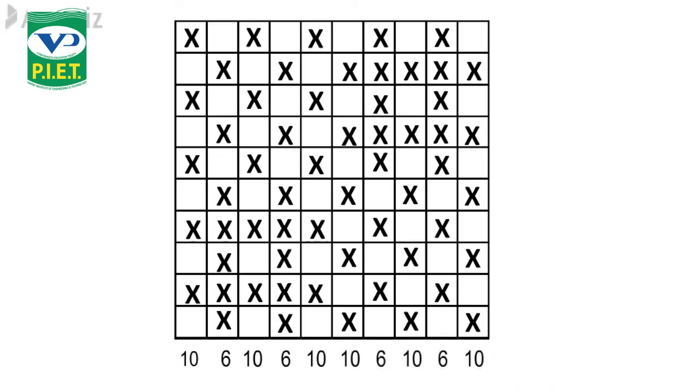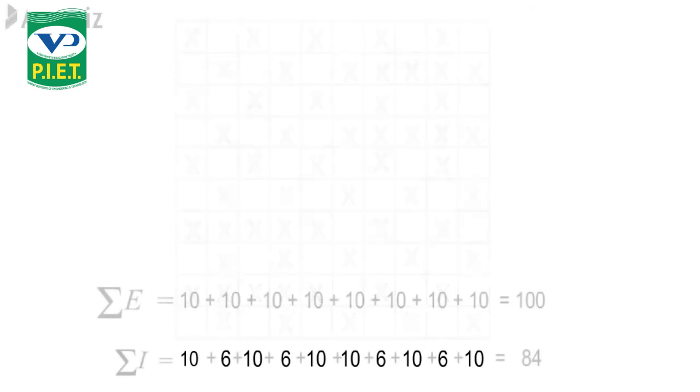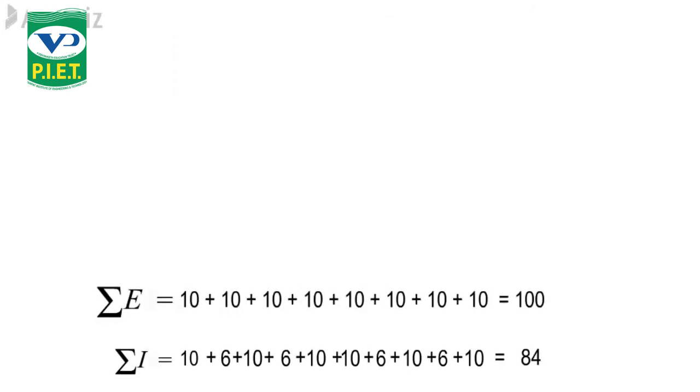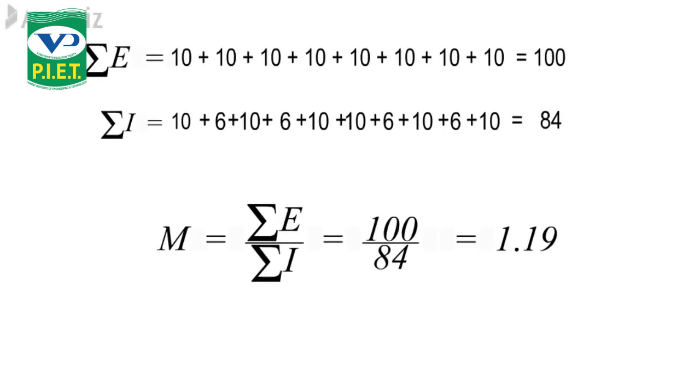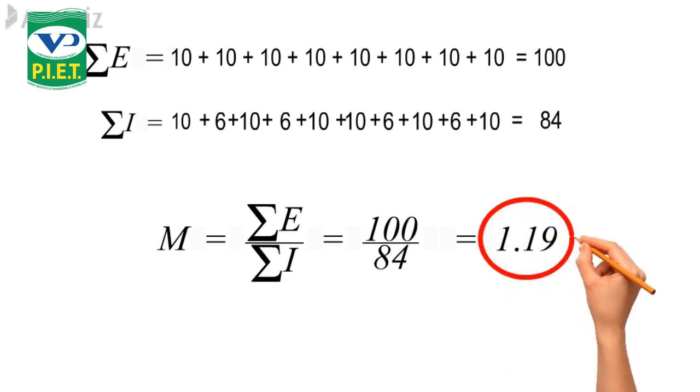Number of picks per repeat for every end are equal, that is 10. So weave factor can be calculated by summation of E divided by summation of I, that is equal to 100 divided by 84, and we found the weave factor 1.19.